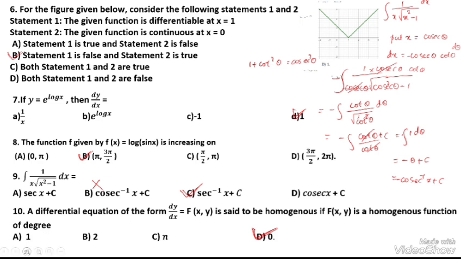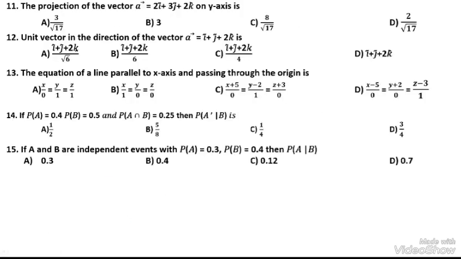Okay, now let's move on to question number 11. The projection of the vector A, equal to 2i cap plus 3j cap plus 2k cap, on the y-axis. Here, the projection of vector A on the y-axis.